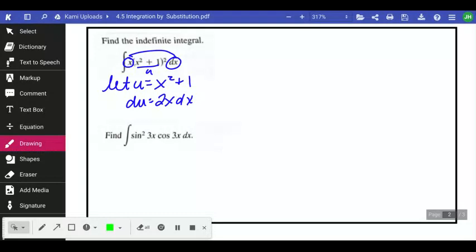I don't have x and dx. What can I do to 2x dx to make it x dx? I am going to multiply both sides by 1/2 so that I actually do have x dx on the right. So I have 1/2 du equals x dx. So in place of that x dx, I'm actually not substituting in du, I'm substituting in 1/2 du.